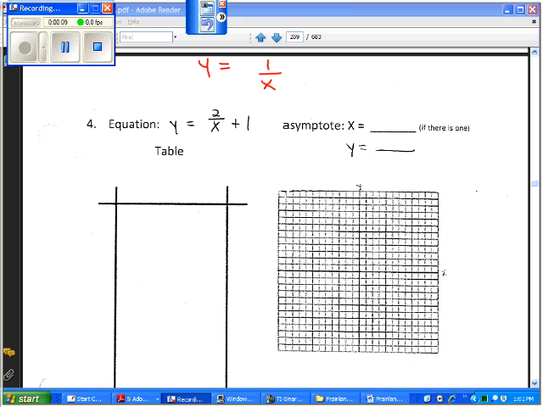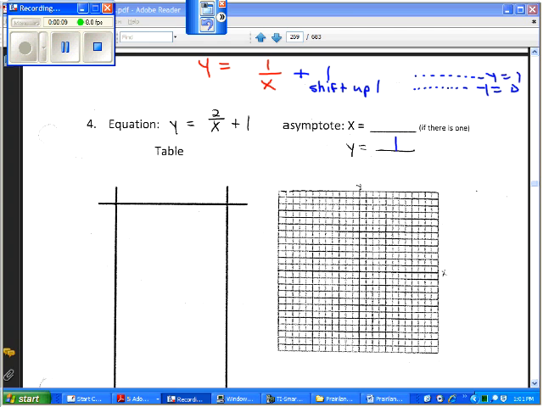Now, that's the parent function. If we thought about adding something to the end, what's that going to do? Is that a vertical or horizontal shift? It would cause it to shift up 1. So my line of symmetry, my asymptote, is going to shift from the horizontal line y equals 0 up 1 to the horizontal line y equals 1, correct?